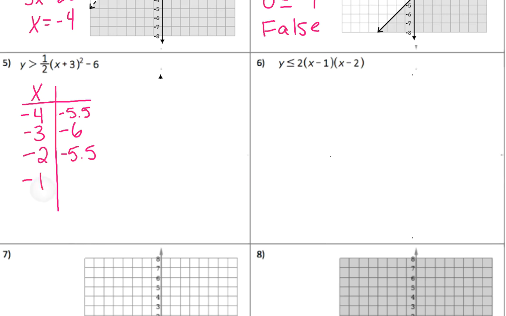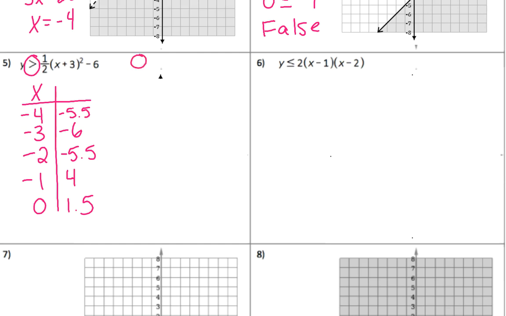You could do some other points, like if I plug in negative 1, I get out a 4. And if I plug in 0, I get out 1.5. So that gives me some points to plot. So I could plot those points, connect them. It looks like I have a greater than symbol here, which means I'm going to connect them with a dashed line. And then I'm just going to check.